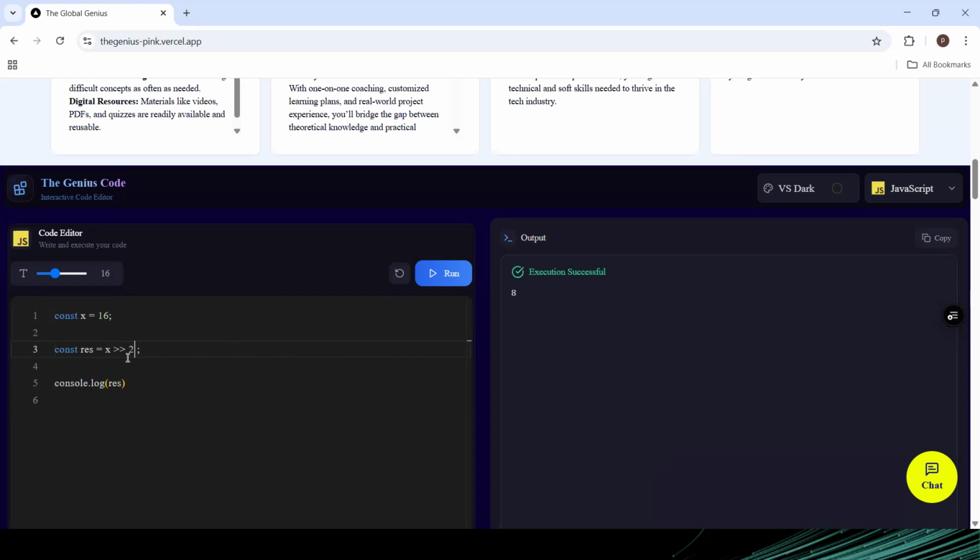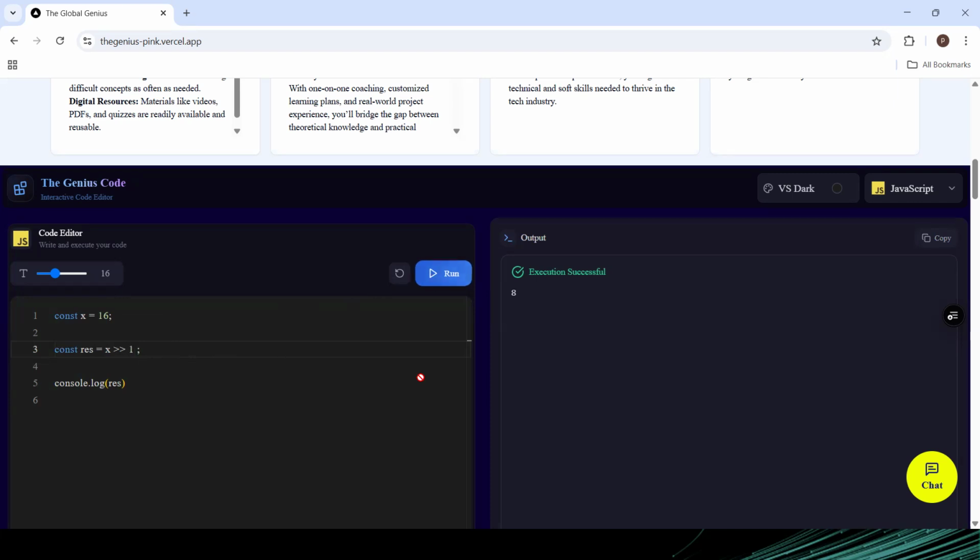Okay, sorry. I want to do division by 2, so I'm going to use 1, because this will be 16 divided by 2 raised to power 1, which is 2. So instead of 16 divided by 2, I will do 16 right shift 1.